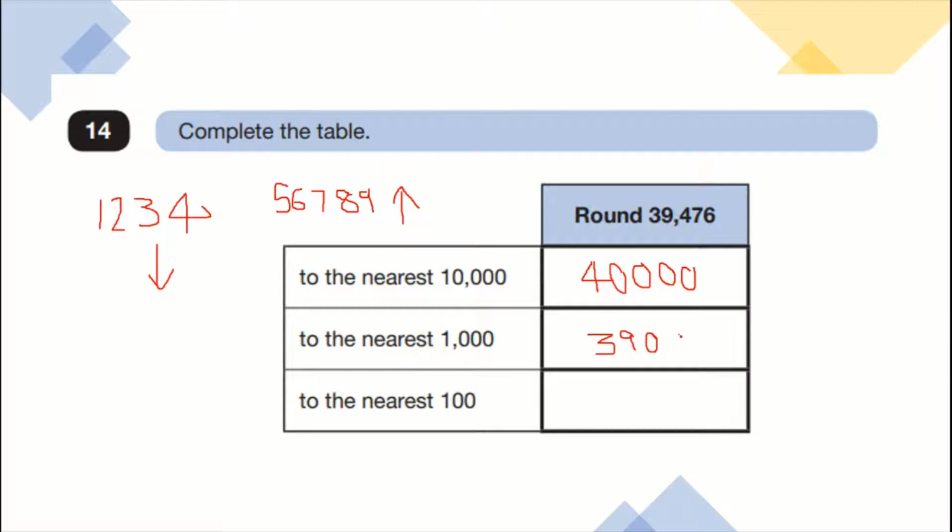So the answer is 39,000. Lastly, we're rounding to the nearest 100, so we look at the tens column, which is a 7, so we're going to be rounding up, and our answer would be 39,500.